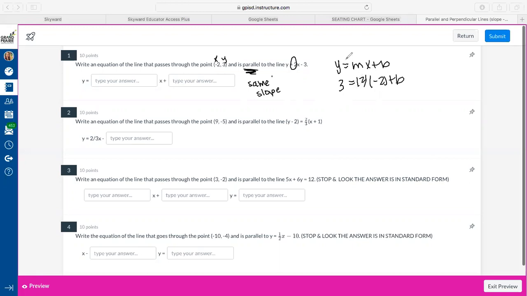Perfect. And then I'm just solving. So 3 equals 2 times -2 is -4 plus b.